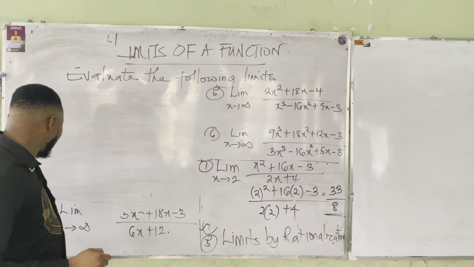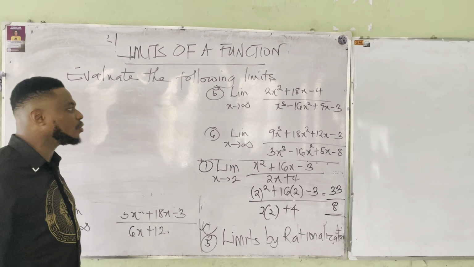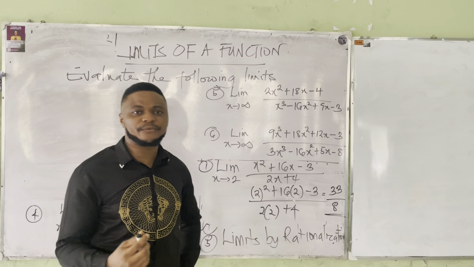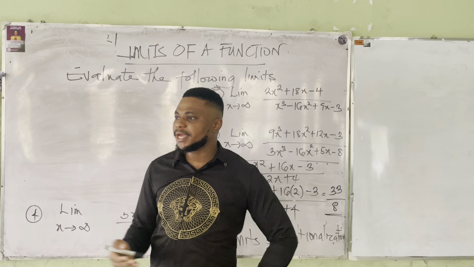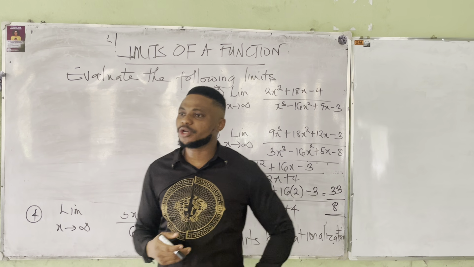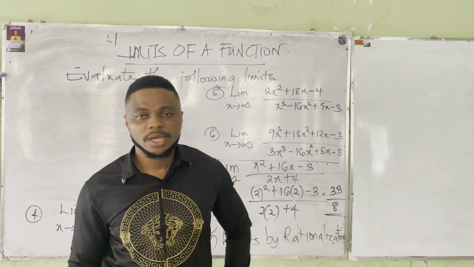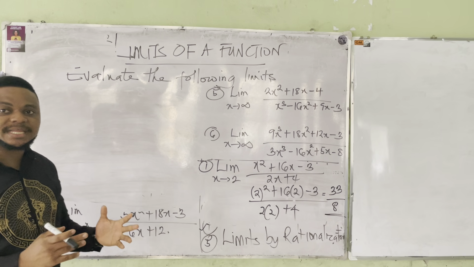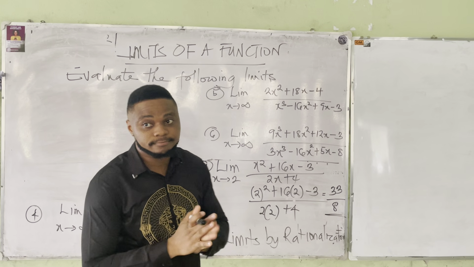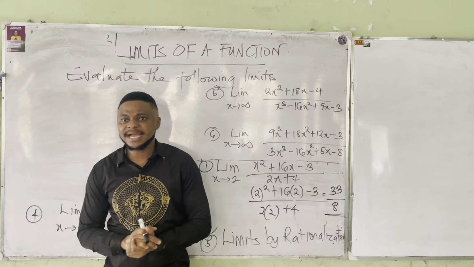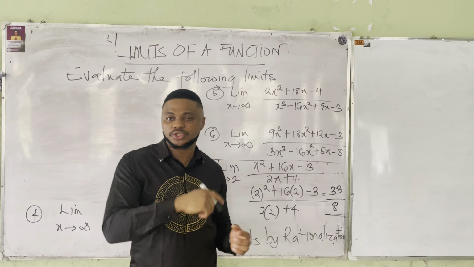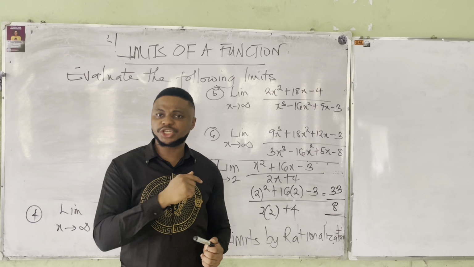So now let's look at number 4 to number 6. If you look at these limits, you realize that they look different from what we have been doing between number 1 and 3. If you look at it very well, you realize that x is tending to infinity. Now, how do you resolve this? I will even give you the shortcut to approaching this.